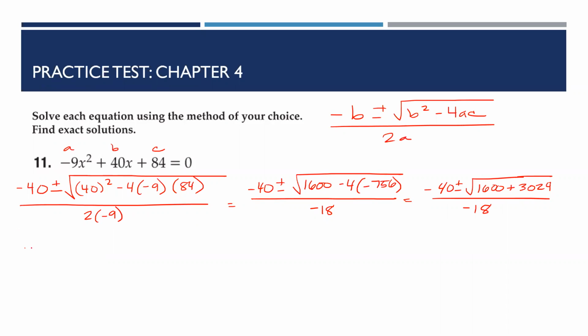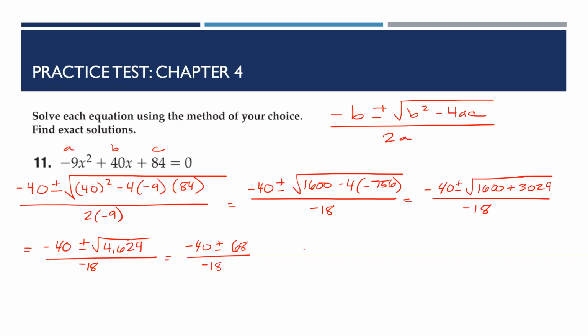And then you end up getting negative 40 plus or minus the square root of 4,624, still over negative 18. And then this is actually a perfect square, and you would probably not know that off the top of your head. So please, again, you can definitely use a calculator. The square root of 4,624 is 68 over negative 18.